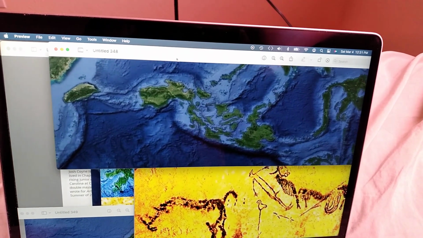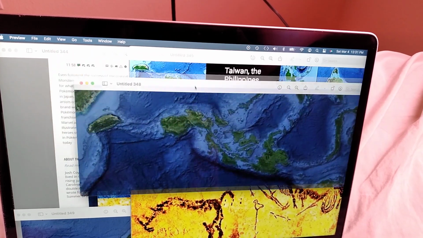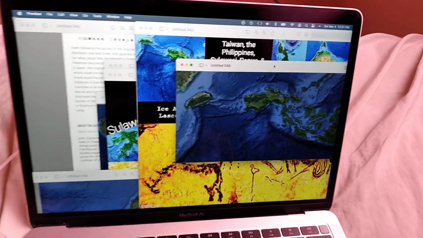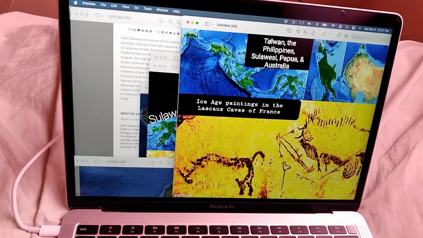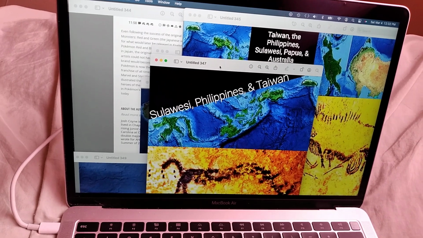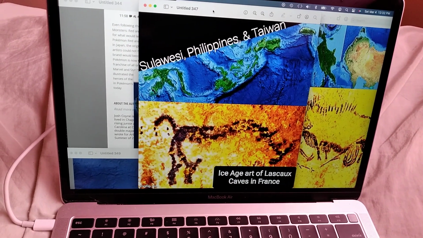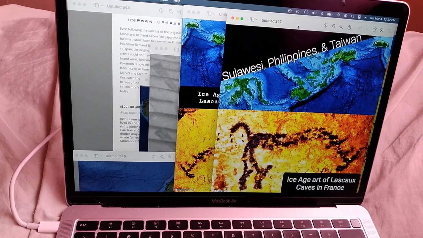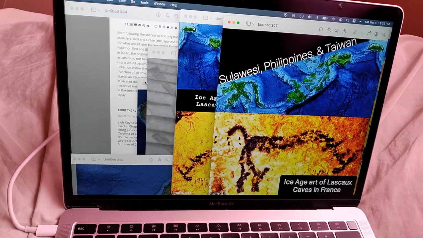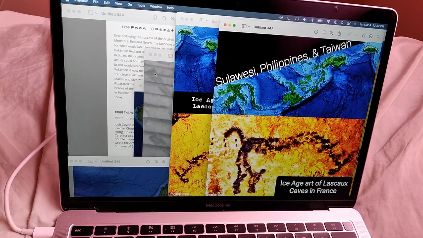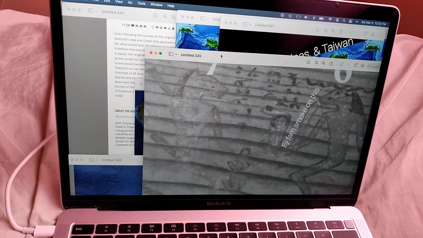Kind of want to come up with a name for him or something, or her or it or whatever. Sulawesi, and so these are Pokemons.